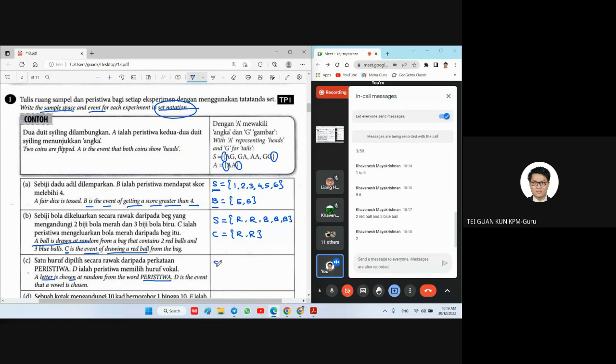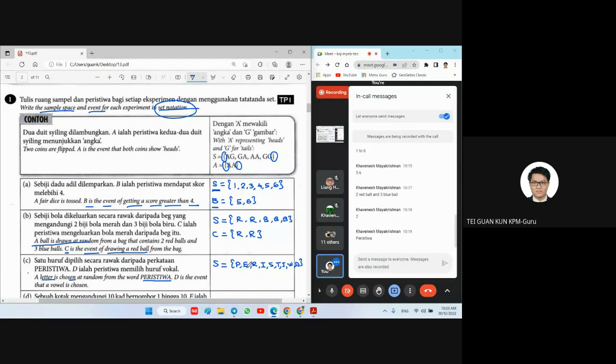So the sample space what? P, E, R, peristiwa lah. Okay, cuma you kena tulis dalam bentuk set. So caranya kena tulis P, E, R, I, S, T, I, W, A. Kena tulislah.